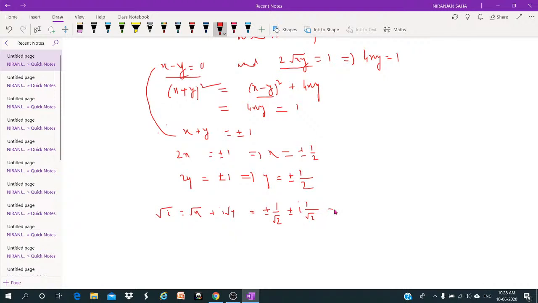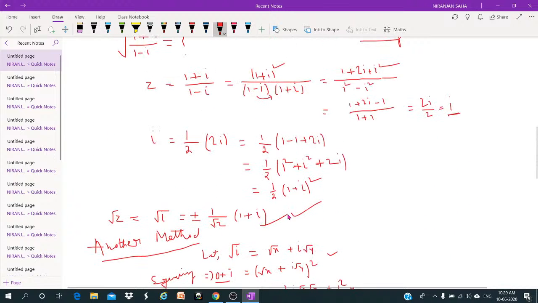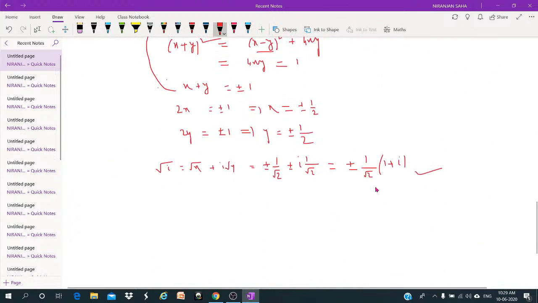This is the same as the result we found with the earlier method, 1 plus iota over root 2. Both results are equal, so you can use both methods.